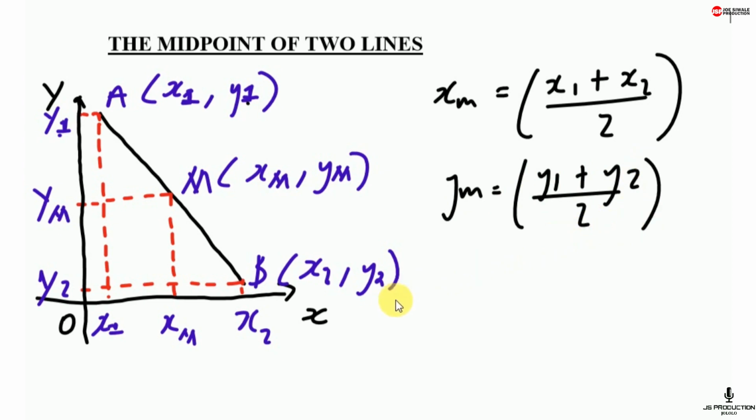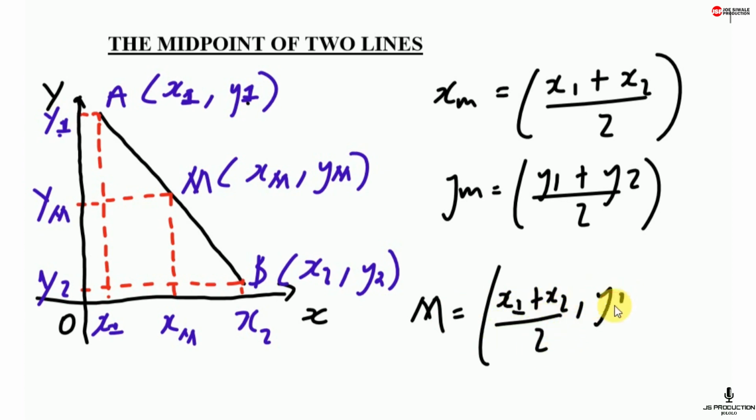And for us now to write our general formula, these two formulas that we have written of xm and ym are going to help us out. So finding the midpoint will be equal to x1 plus x2 divided by 2, y1 plus y2 divided by 2. As you can see, this formula is just derived from xm and ym. So this is my xm and this is my ym.